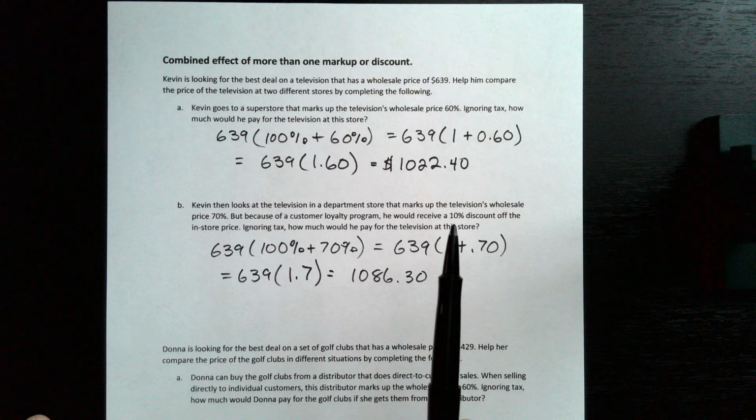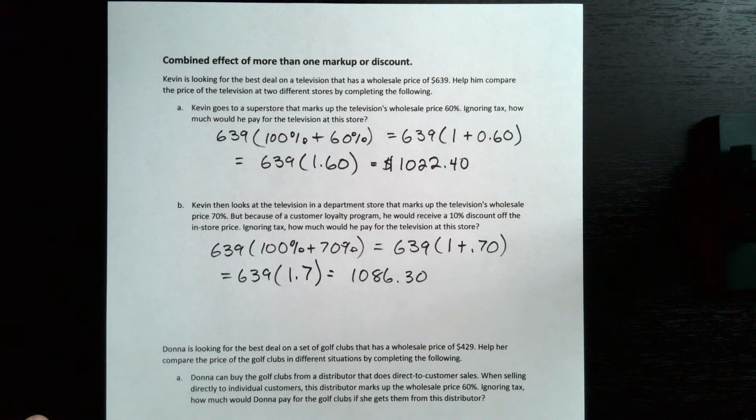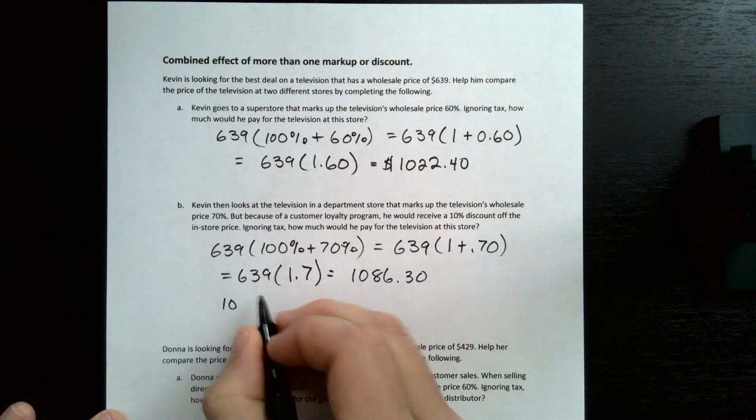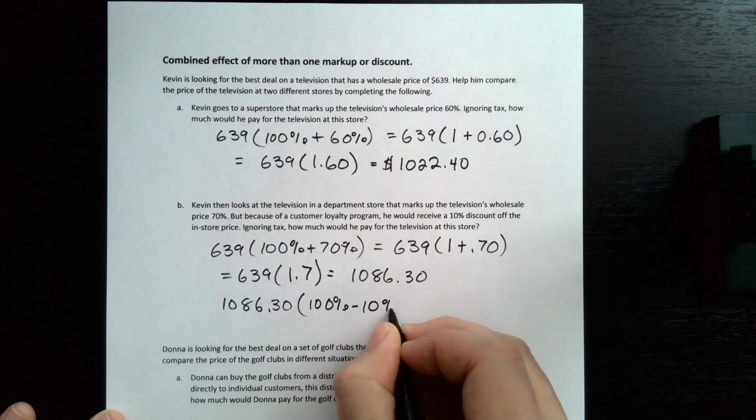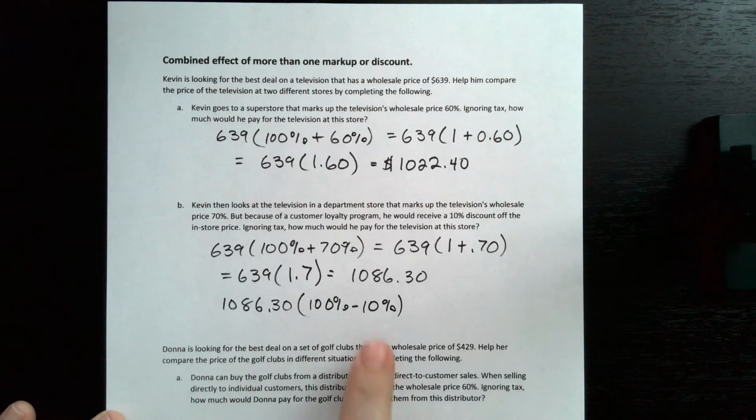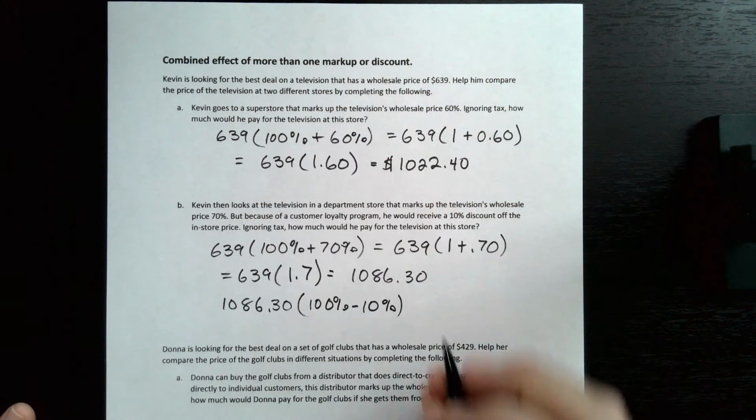But then, if it's a discount, that means it's less than 100%. So we take the $1,086.30 and multiply it by 100% minus 10%, because it's 10% off. You're saving money here.